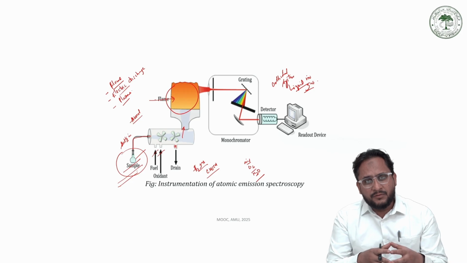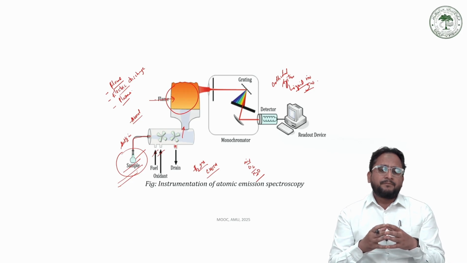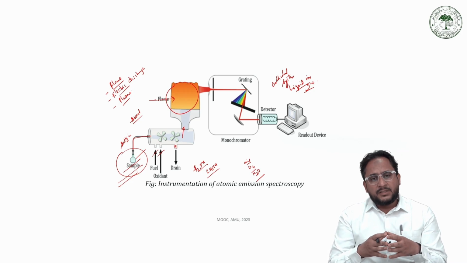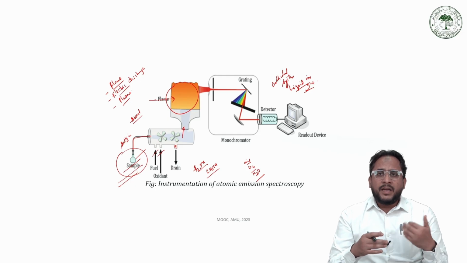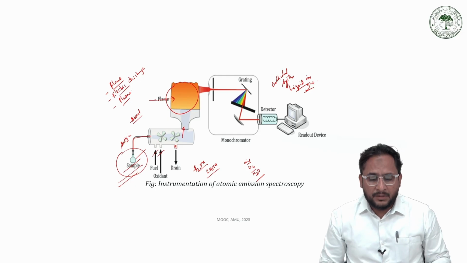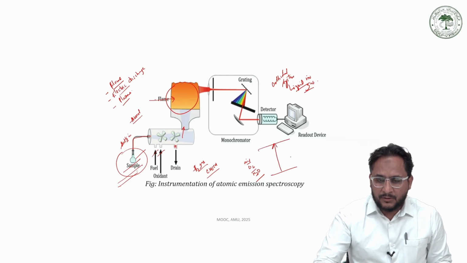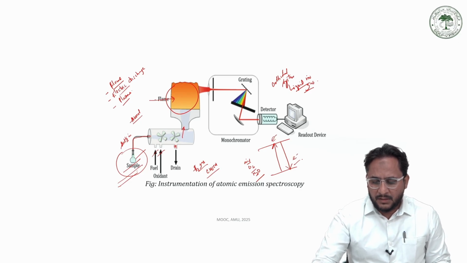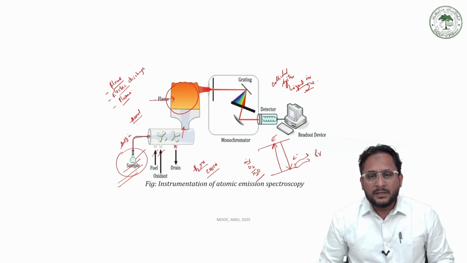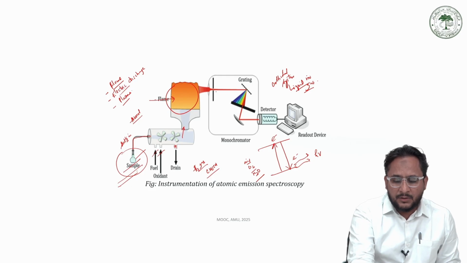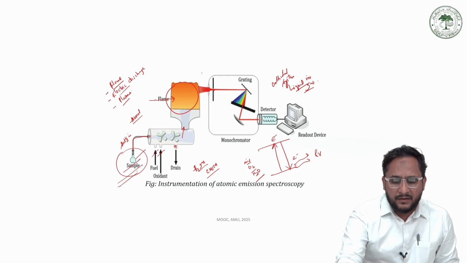Finally, the extra amount of energy provided by the excitation source is utilized for excitation of the sample atoms. When these sample atoms are excited, their electrons are promoted to the higher level. And when these electrons return from the higher level back to the ground state, they emit photons.